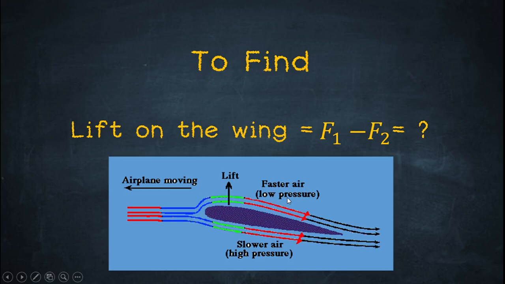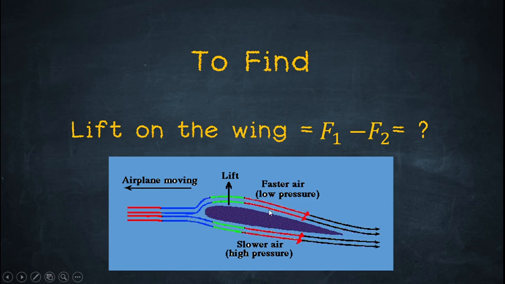As in the given data, we have seen that the velocity at the upper side of the wing is 450 meter per second. That means the air is moving faster on top of the wing as compared to the bottom. Now, as you know, as speed increases, pressure decreases. That means the pressure on the wing from the upper side is lower as compared to the lower side.